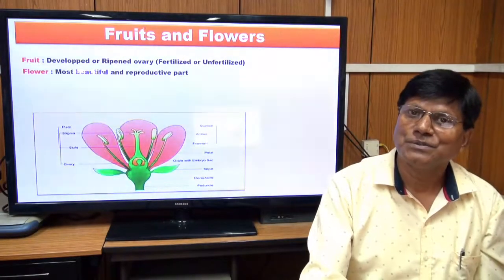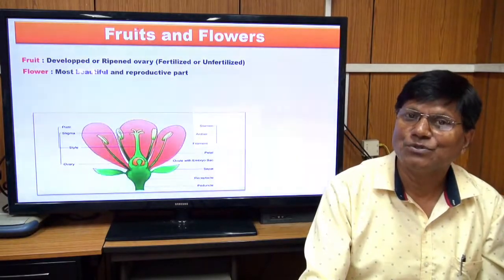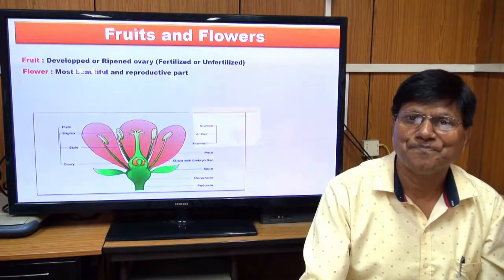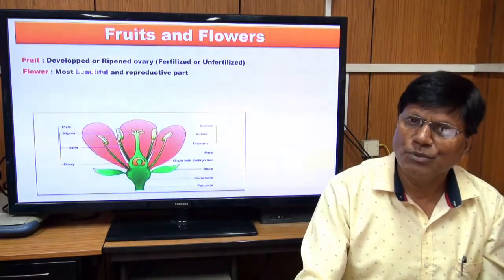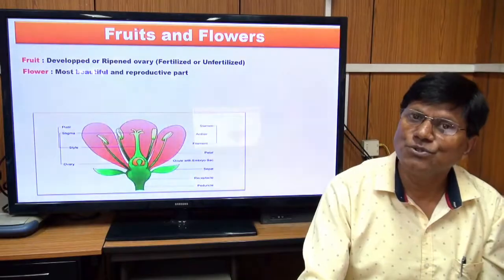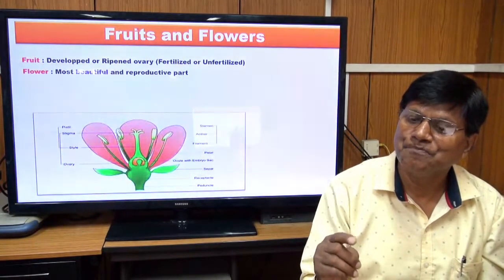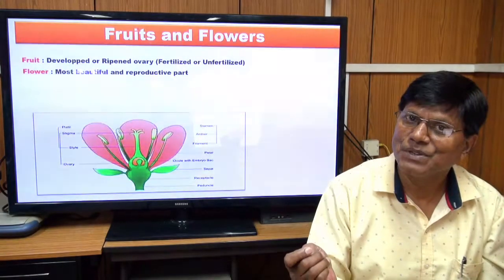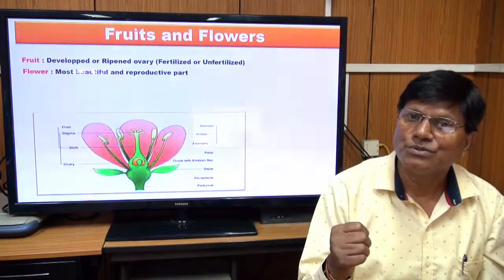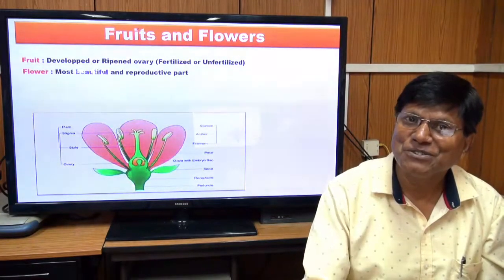So it is essential at this juncture to know what is flower. I think you might know that flower is a modified shoot. Flower is a shoot as a whole. It is having stem, it is having leaf, both.